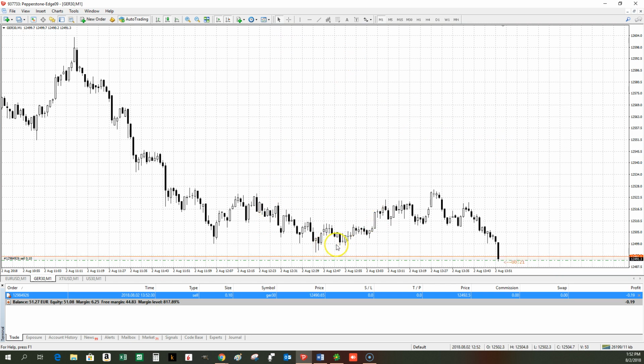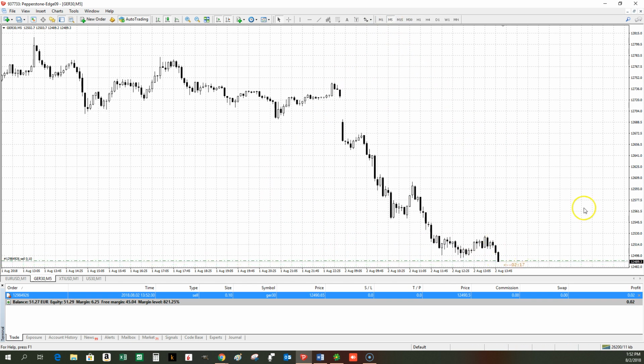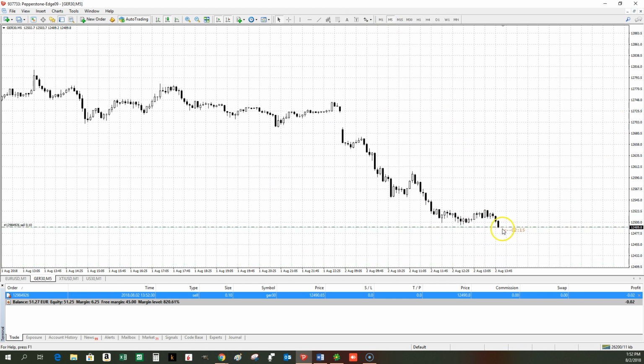Okay, the Germany is going down, so let's go back to the Germany and see. So we broke the support. We're gonna make a new 1 euro trade. And let's say if we have a retracement of this candle, then I'm gonna sell a little bit higher and get back my position.